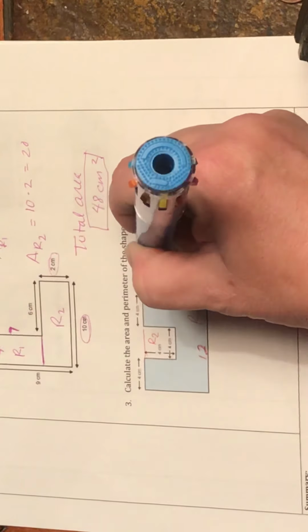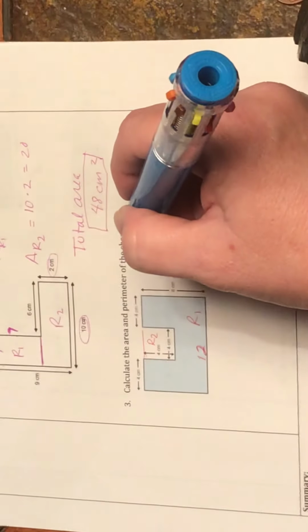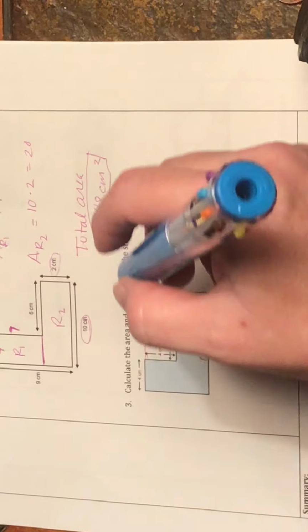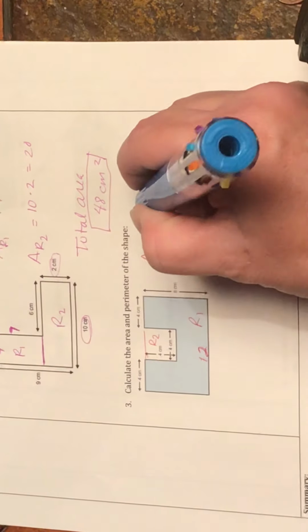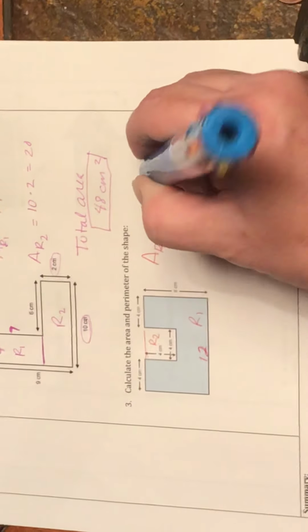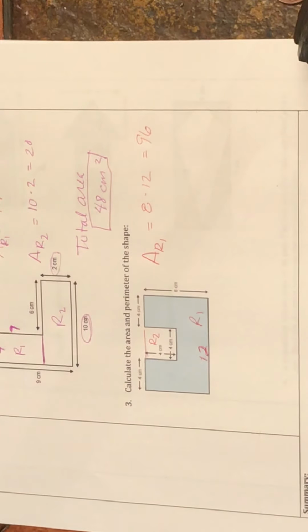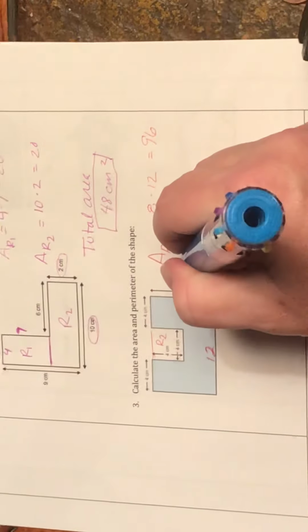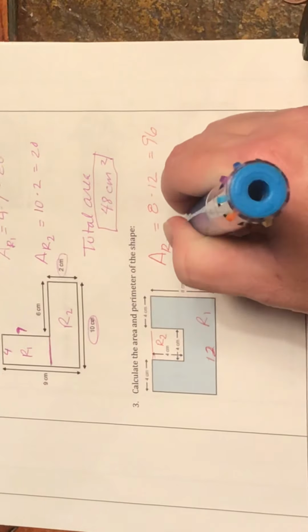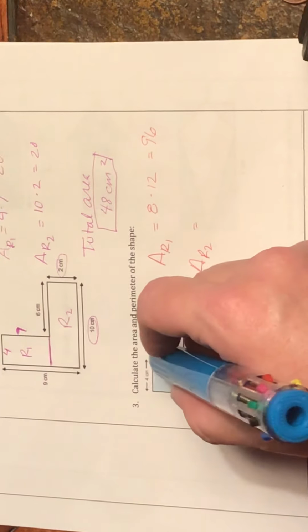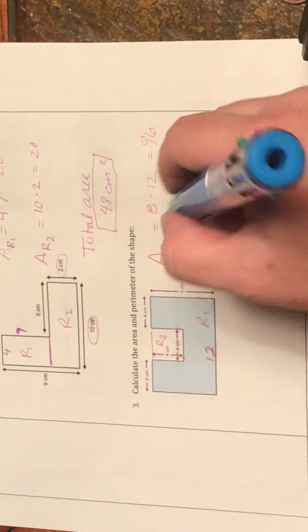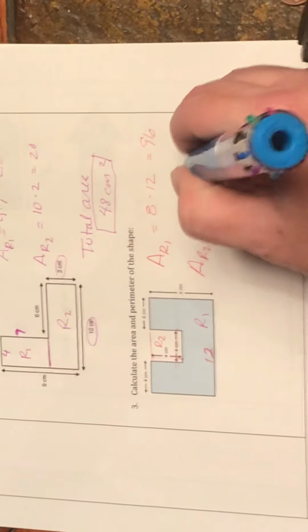So we're going to call this rectangle 1, and we're going to call this one rectangle 2. So the area of rectangle 1 is 8 times 12, which is 96. So that's the whole thing if I filled in that shaded part. And then the area of rectangle 2 is 4 times 4, which is 16.